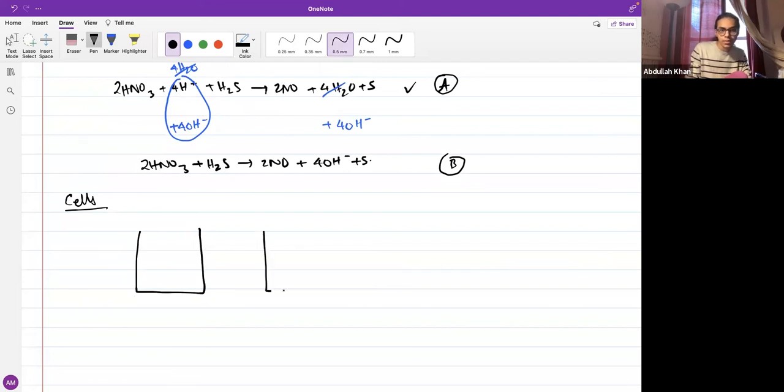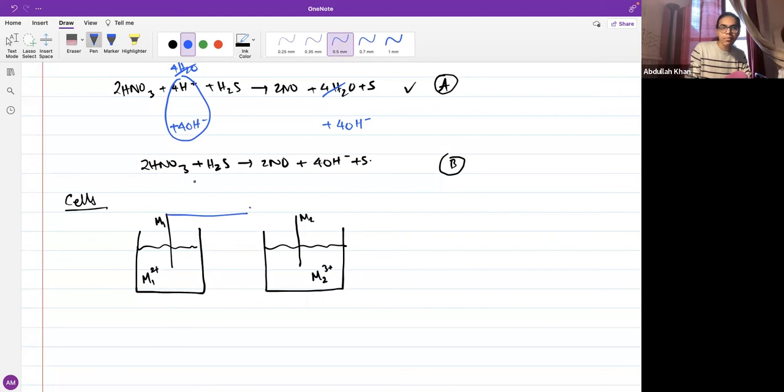You've got 2 buckets. You stick 2 kinds of metals in them, fill them up with some kind of liquid. If, say, this is metal 1, then the solution has ions of that metal. Let's say this is 2+ charge, pretend. Let's say the other metal is M2, and so the solution must have its ions, M2, let's say 3+. Then you connect them through a wire, maybe channel them through a voltmeter so that you're reading what the voltage is.